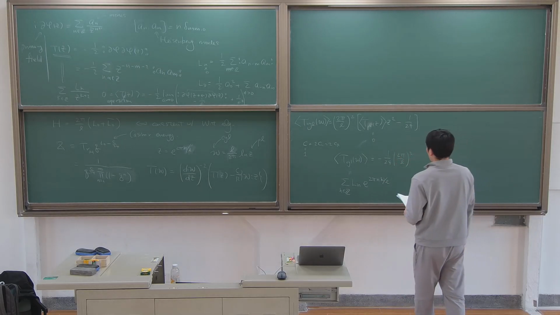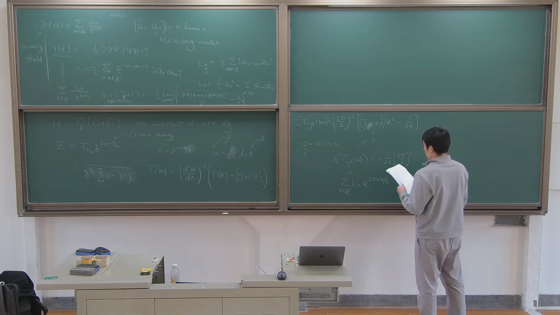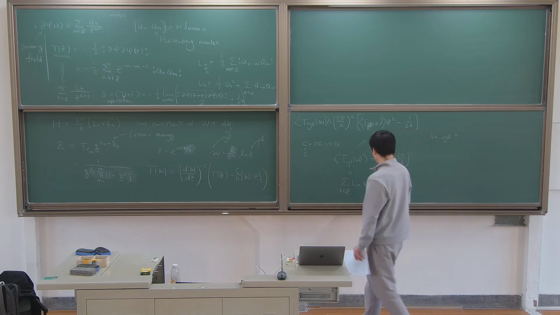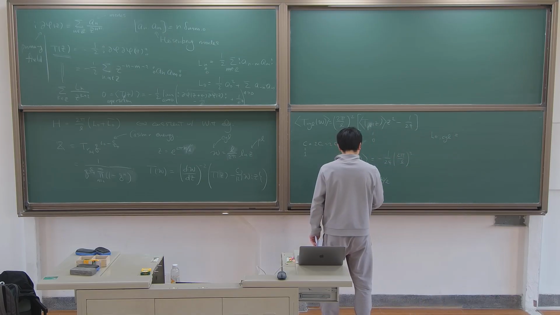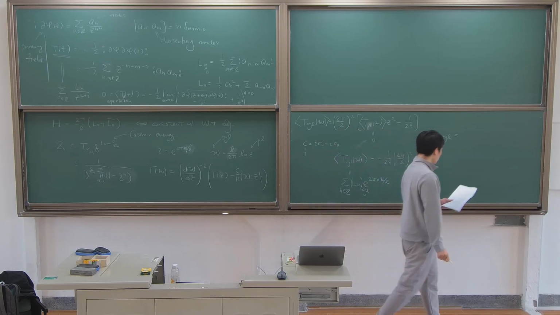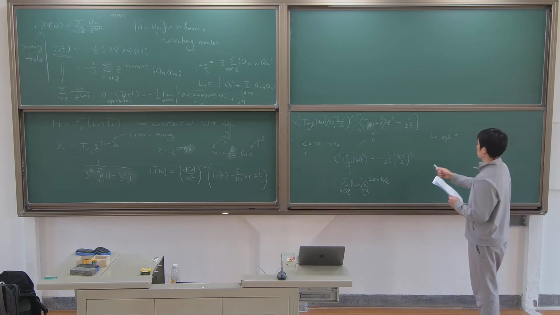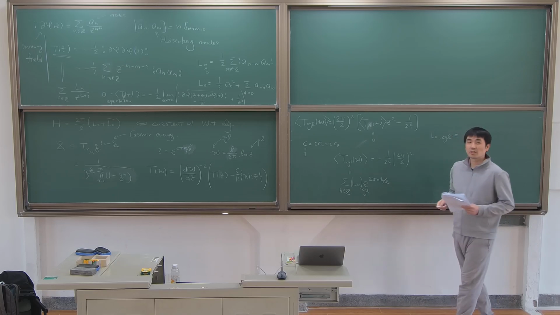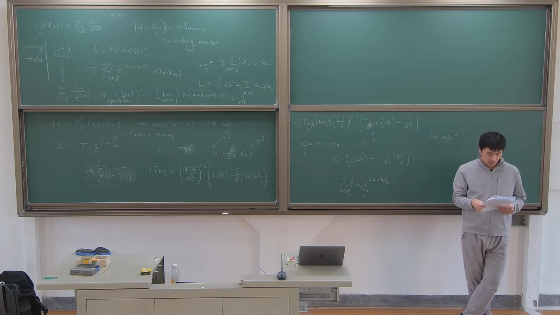Okay, so therefore this means that the L naught of cylindrical. So this one is the cylindrical case. If you look at this one, what's really happening is that, sorry, I think I need to be careful about the transformation rule.